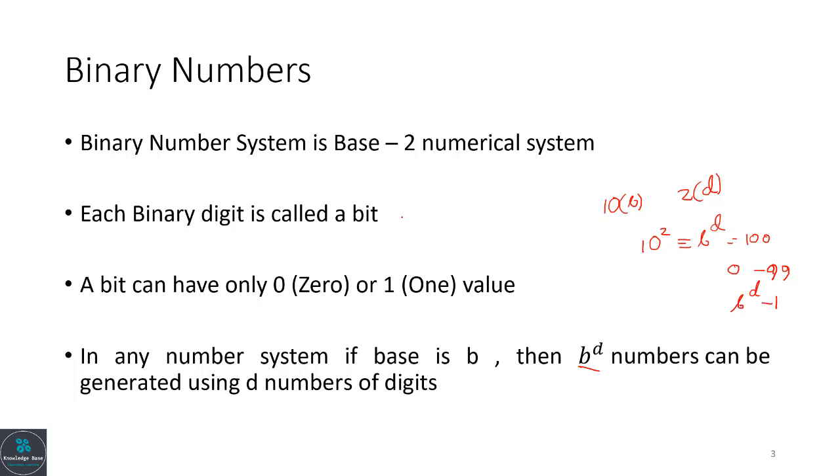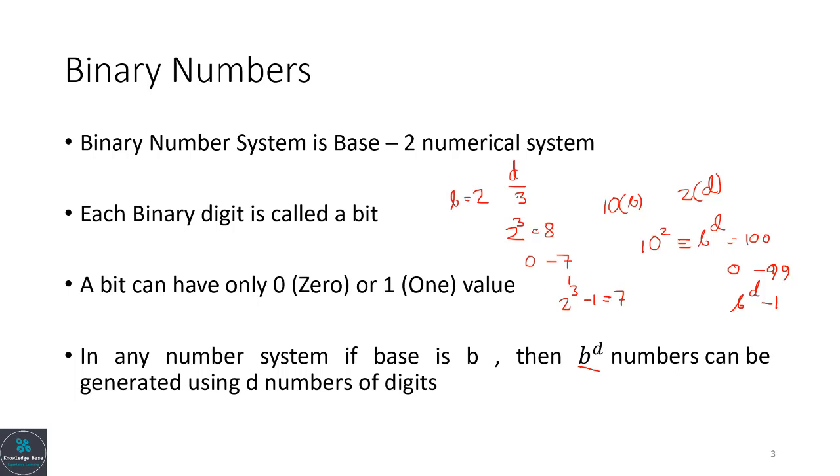So in case of a binary number, the base is equal to 2. Now if we are considering 3 binary digits or bits, the total number possible will be 2 to the power 3, that is 8. And those numbers will be 0 to 7. 7 is 2 to the power 3 minus 1, right?